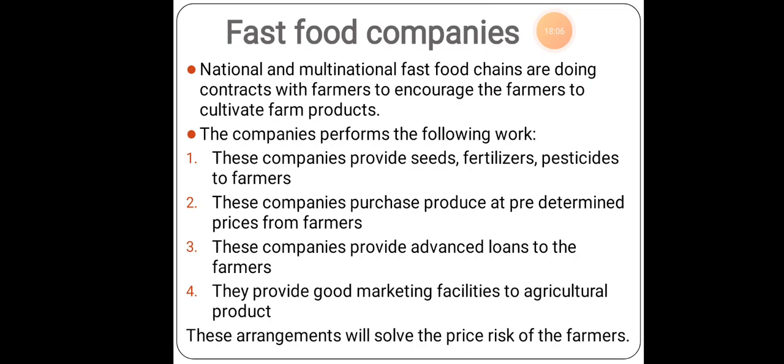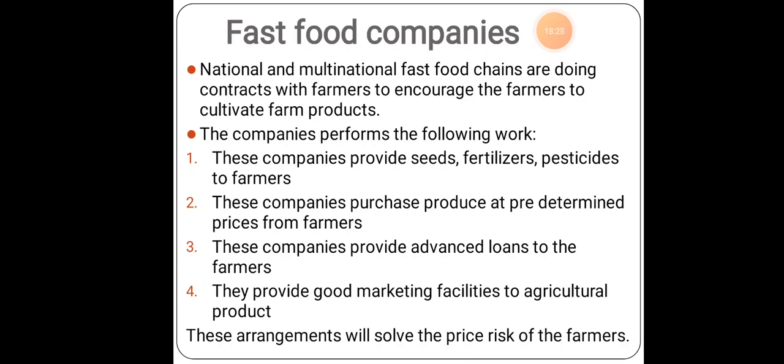How? Directly the company people will come and take all the necessary things. So there is no involvement of middlemen in this process. So there will be no manipulation, there will be no unfair practices. All these things can be done under this particular process, which will be encouraging the farmers.